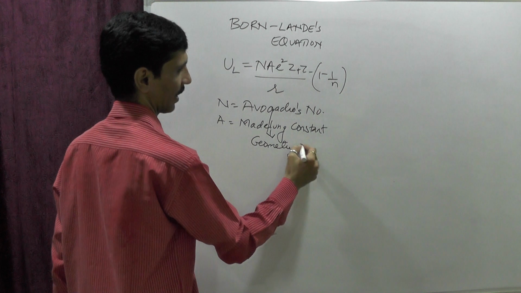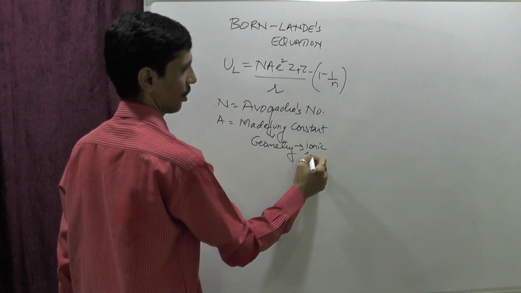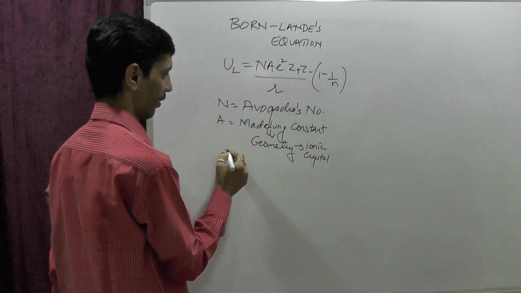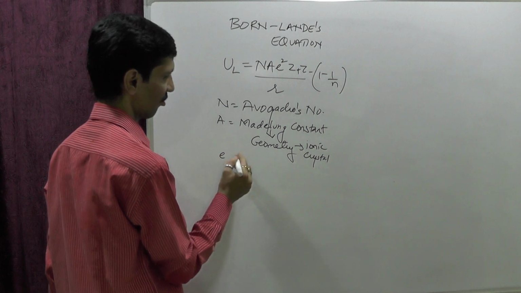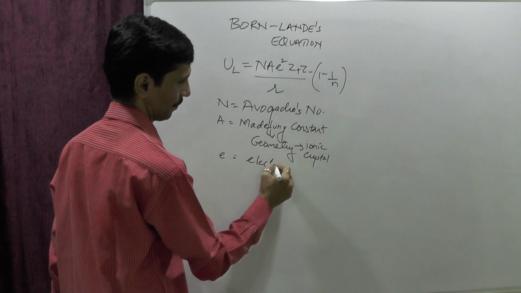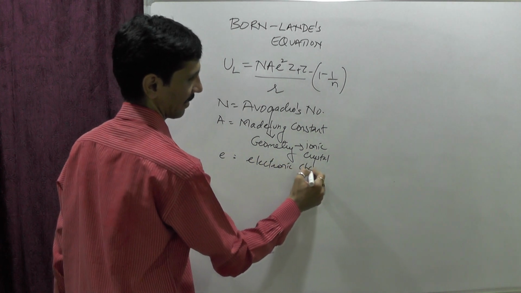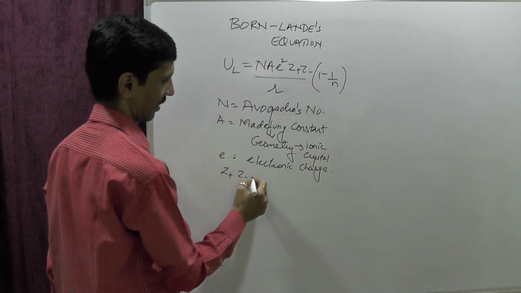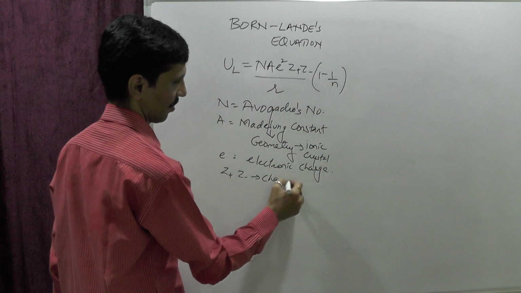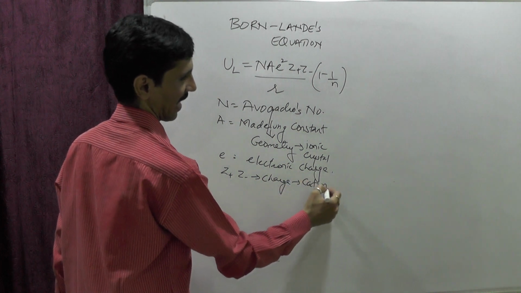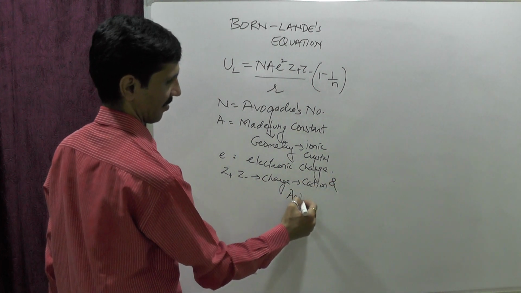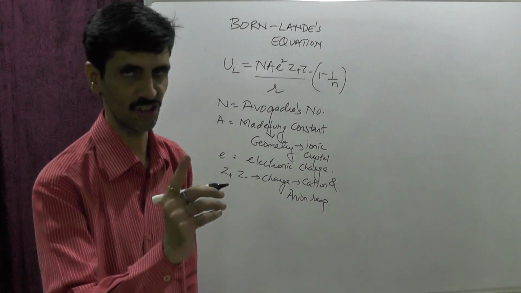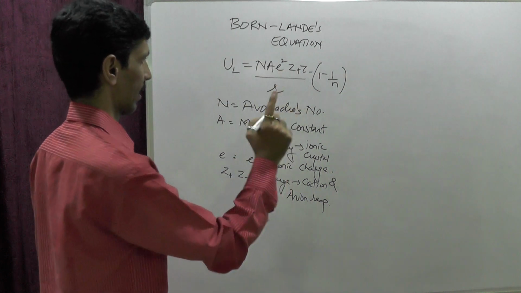According to the type of geometry that the ionic crystal has, the value of A will be decided. e, I guess everybody knows, is the electronic charge, or the charge on the electron. Z plus and Z minus are the charge on the cation and the anion respectively.